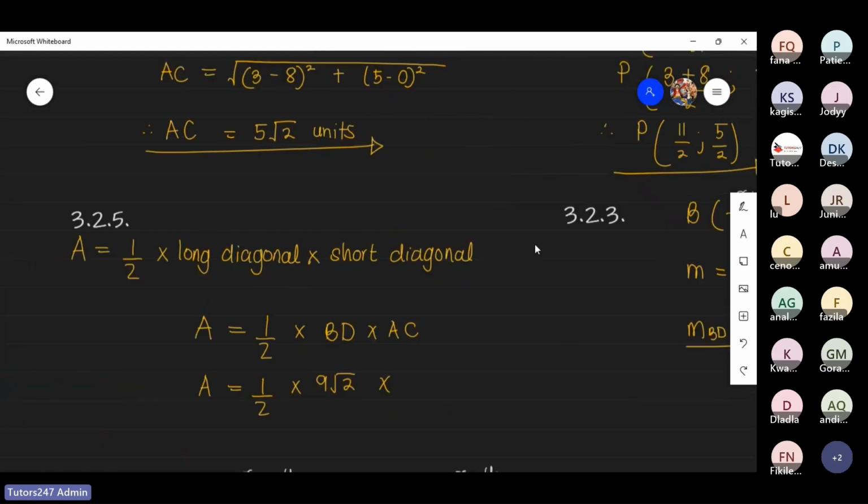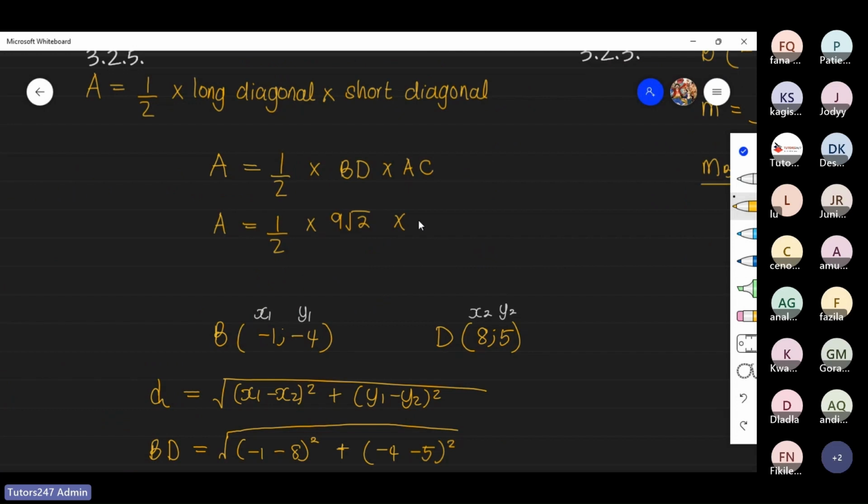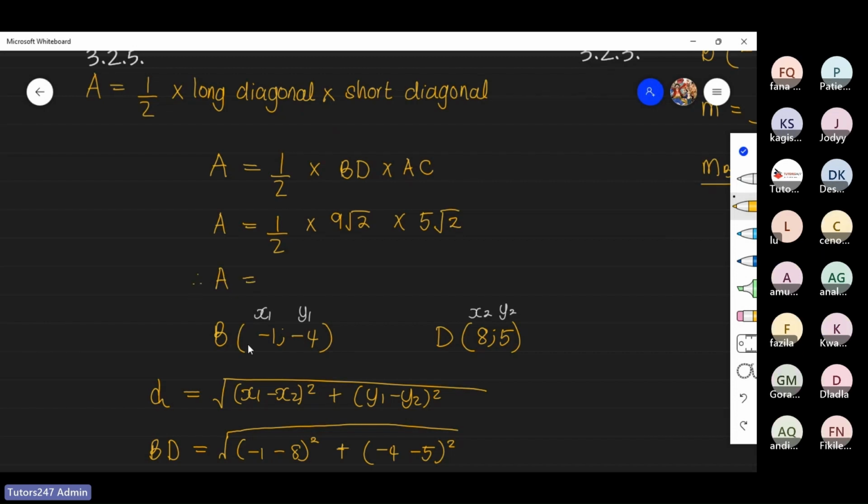Length AC was 5√2. From here, we can put this into our calculator. Therefore, our area is equal to 1/2 times 9√2 times 5√2, and that gives us 45. Don't forget, area is squared, so you'll say units squared. That is therefore the area of your kite, 45 units squared.